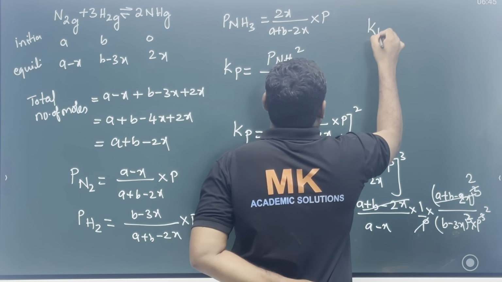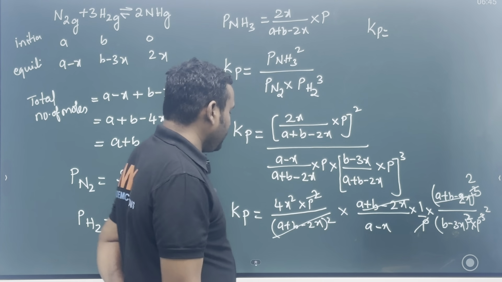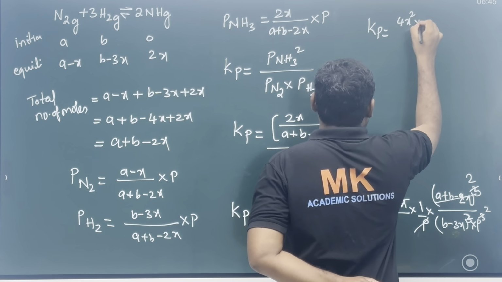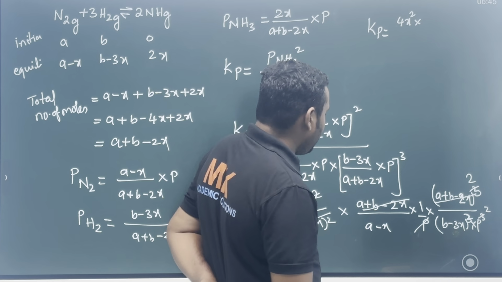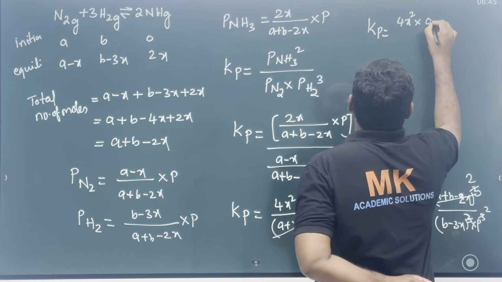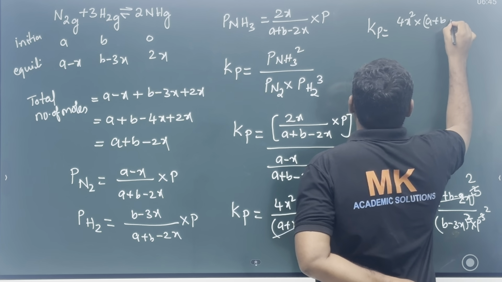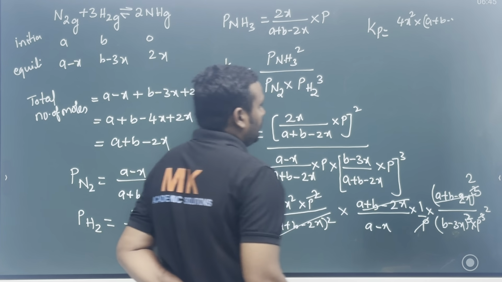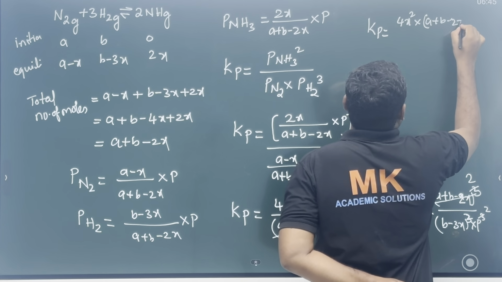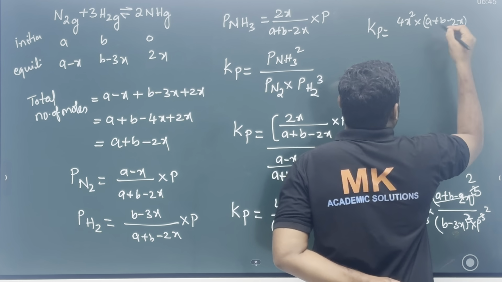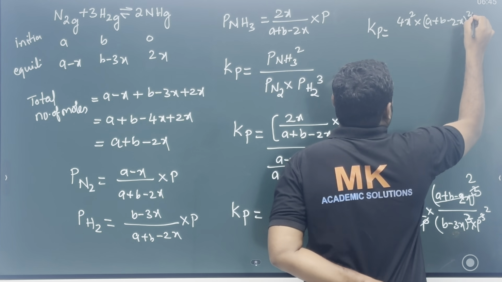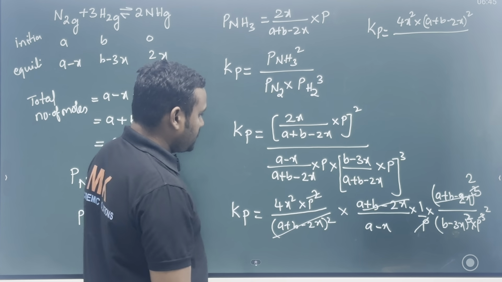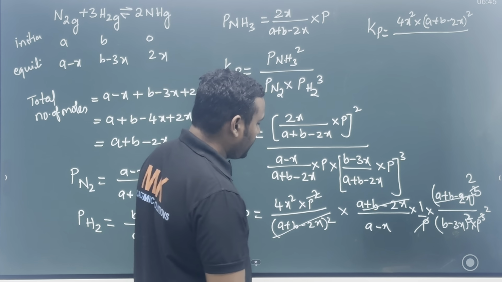Therefore Kp is equal to, what are the remaining things we are going to write? Numerator, 4x square remained, into A plus B minus 2x whole square, by what is the denominator remained?